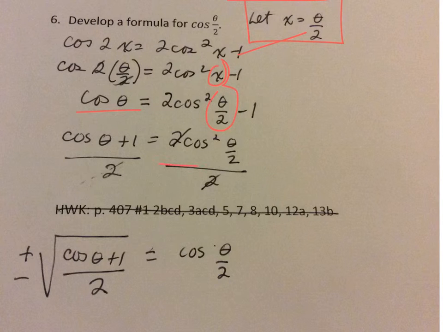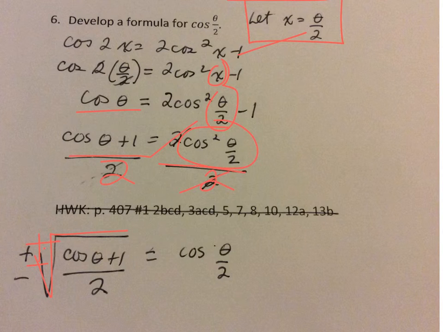Then we divide each side by 2 to get cos squared theta over 2 on its own. Obviously now we have cos squared theta over 2, but we need just cos theta over 2. So we take the square root of cos theta plus 1 over 2. We account for the two answers, plus or minus.